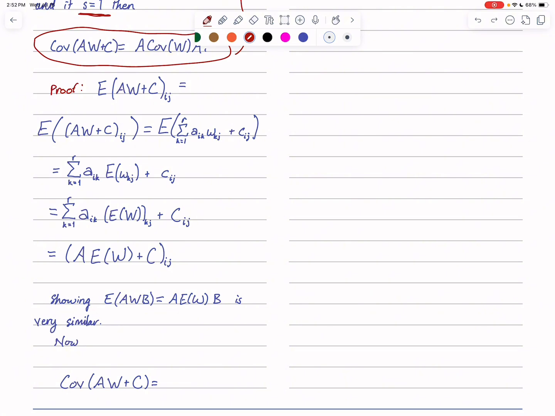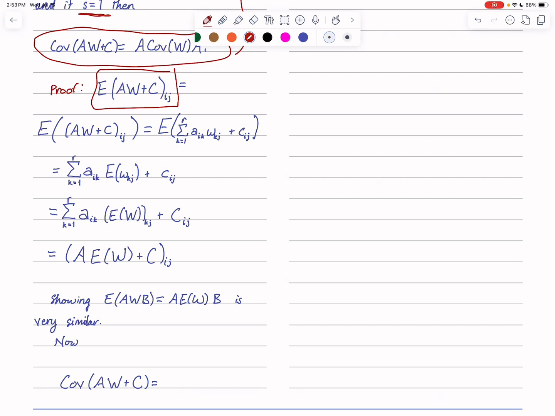That the ij coordinate of the first matrix is equal to the ij coordinate of the other matrix that we are claiming it equals. So we're going to look at an arbitrary ij coordinate of this matrix, and prove that it's equal to the same coordinate in the other matrix. That way the two matrices are coordinate by coordinate equal, so they must be the same matrix.